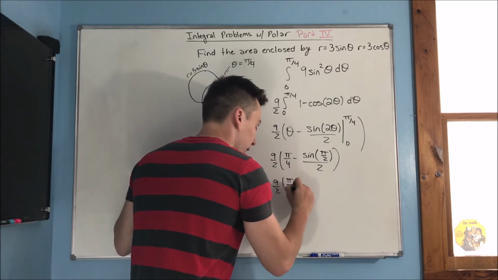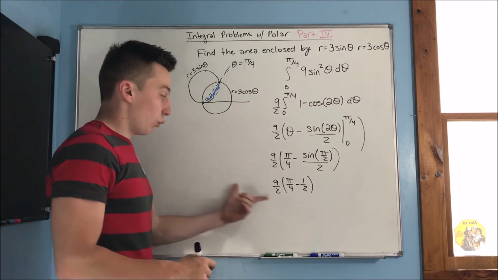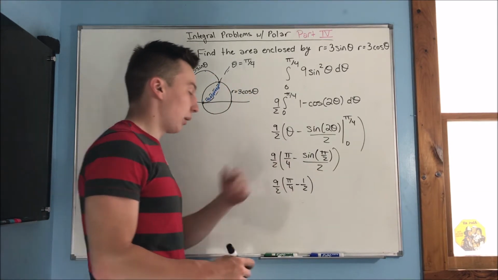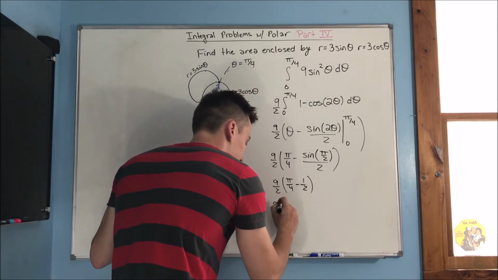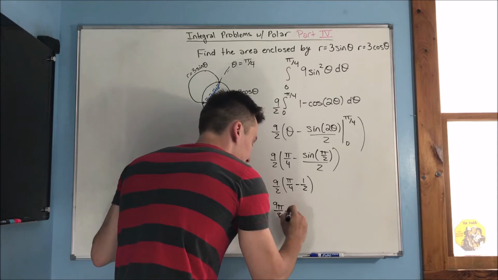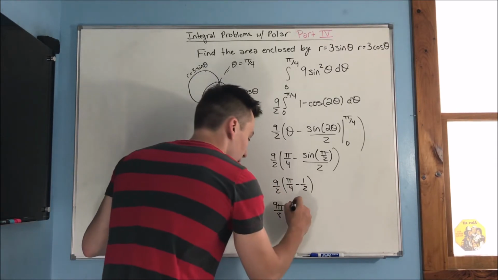We get 9/2 times pi over 4 minus 1/2. And we can distribute here to get 9 pi over 8 minus 9 over 4.